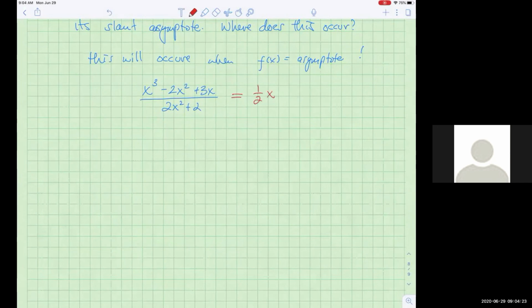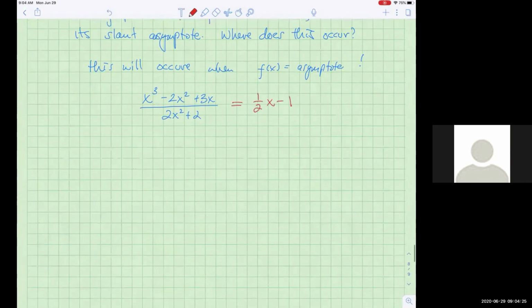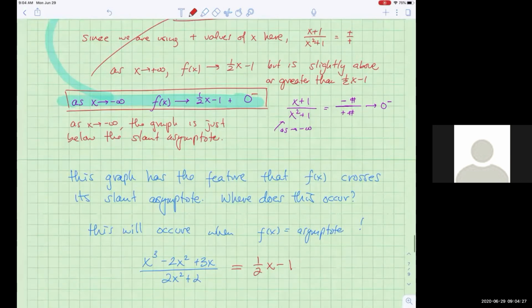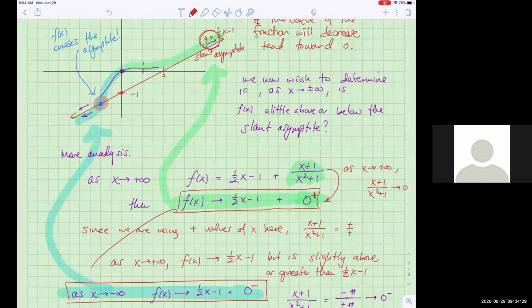If I set that equal to the equation of the asymptote, I might be able to find out where this point is. So we can find this by setting the function equal to the asymptote and solving for x.